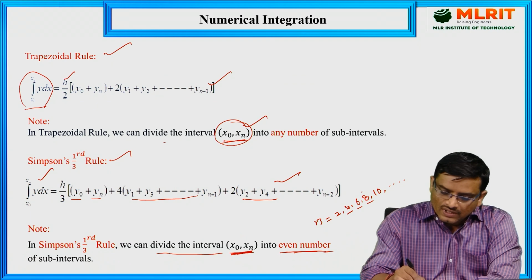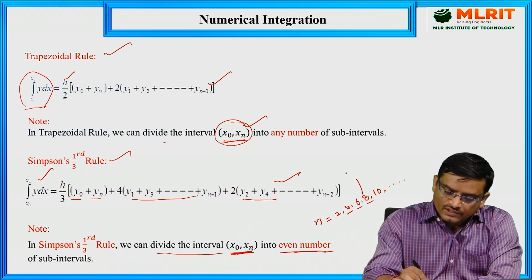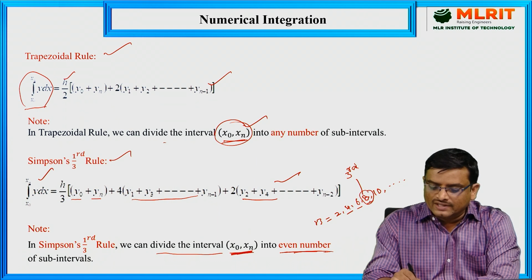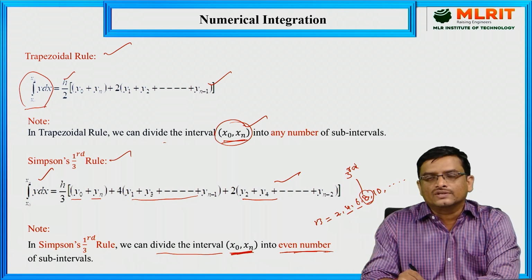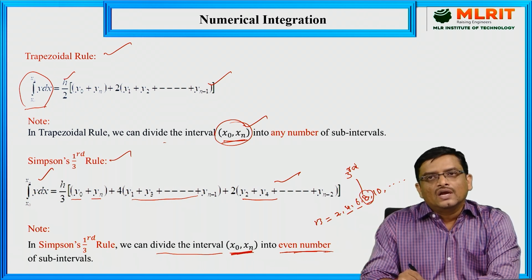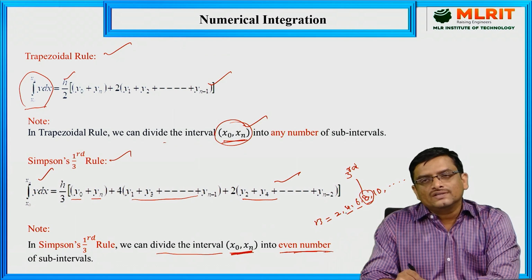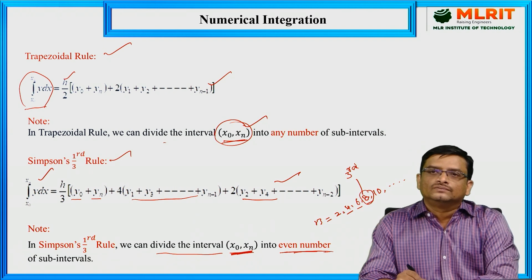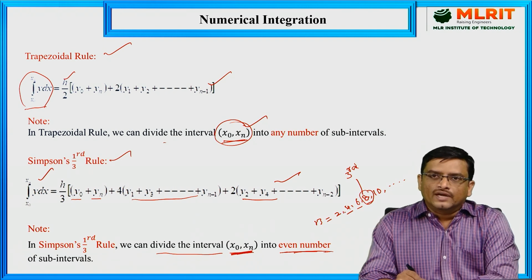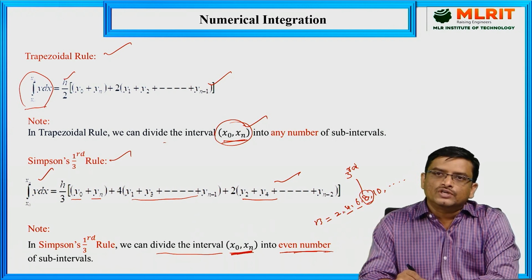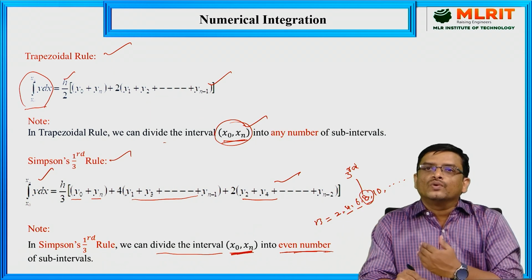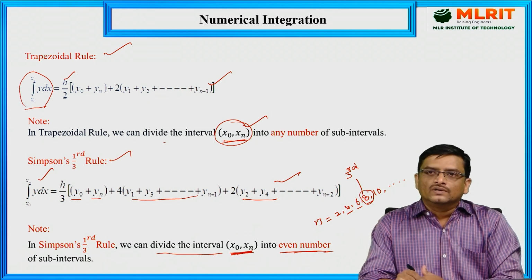The third student's answer will be more accurate than the other two. Why? Because if you take more subintervals, you get a more accurate value for the given definite integral.